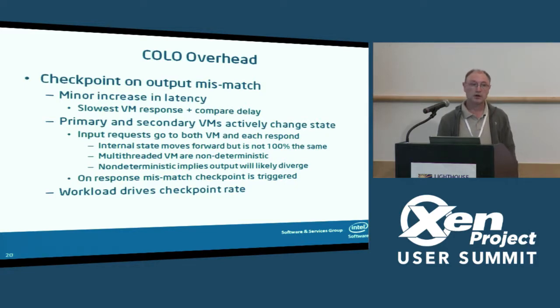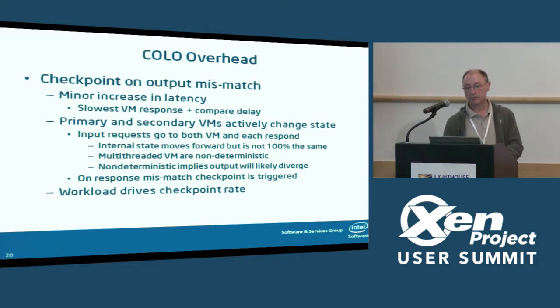So the overhead, this is very similar to the overhead that we talked about for Remus. The overhead we have around latency, but in this case it won't be as bad. Here we take the slower of the two applications, whichever VM is running slower.